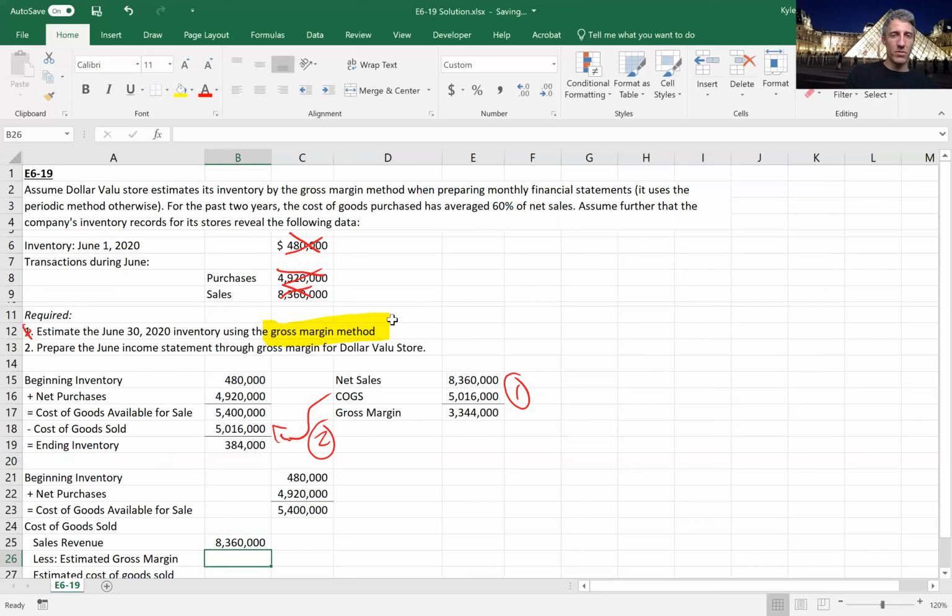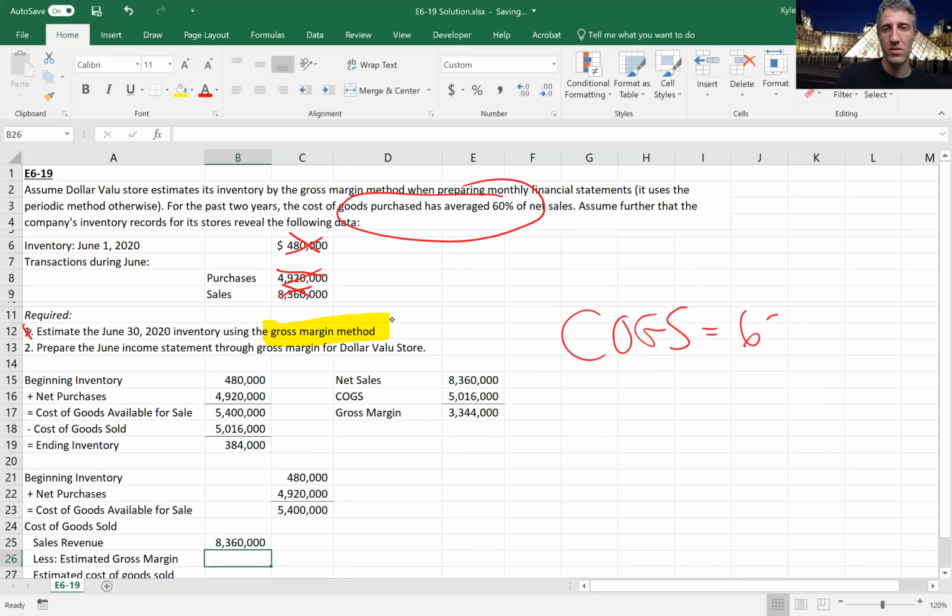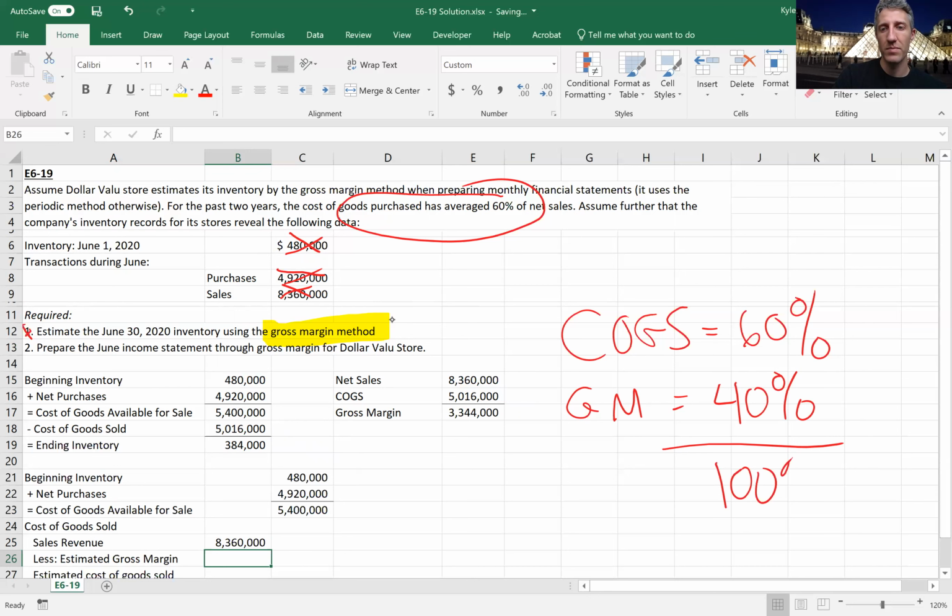The estimated gross margin, remembering that gross margin plus cost of goods sold is going to equal net sales. So if we're given cost of goods sold has averaged 60%, gross margin has to be 40%, because these two together have to be 100% of sales.